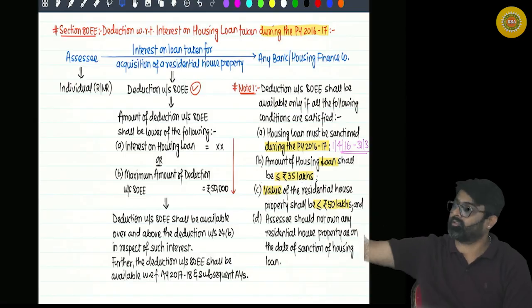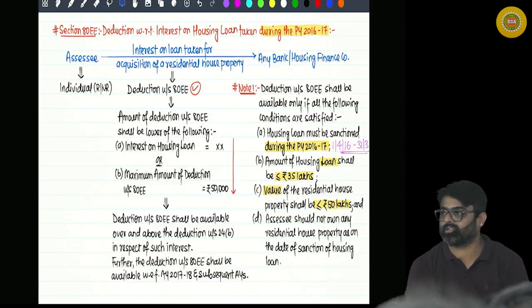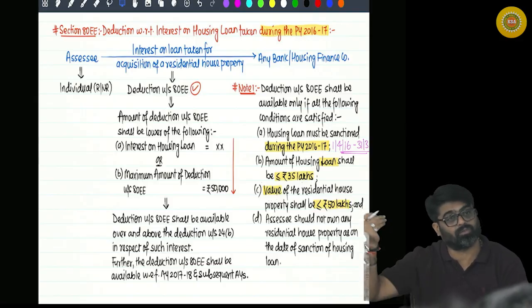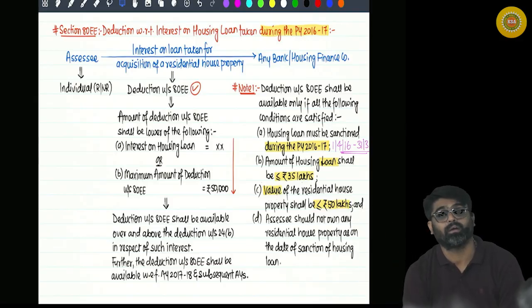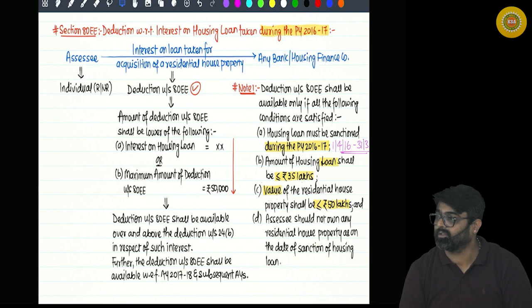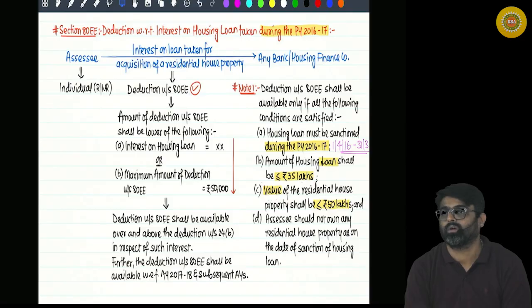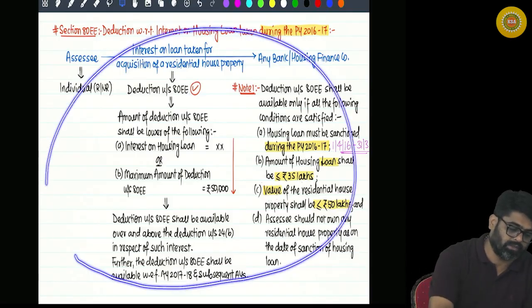And then in the third year, the total interest was 1,96,000. 1,96,000 will be fully allowed under house property. And is there any extra interest? It will not come here. From that year onwards, you will stop getting this deduction. Yes or no? Now see, what is this?